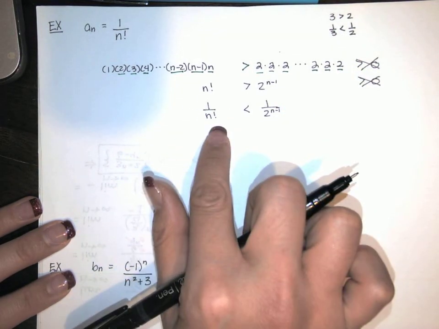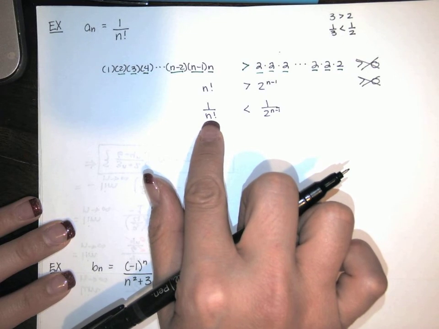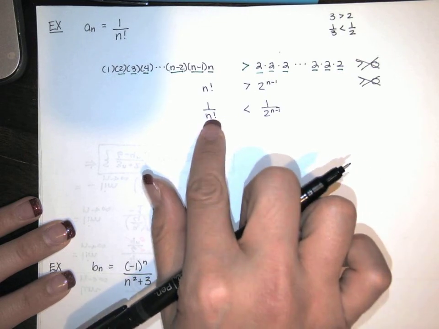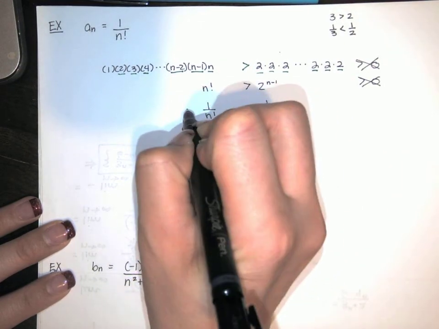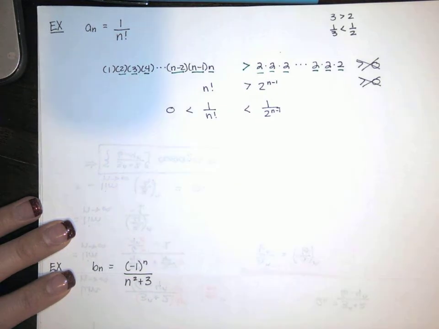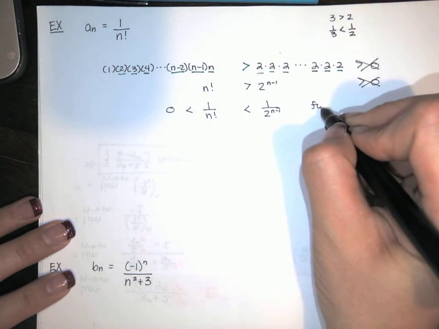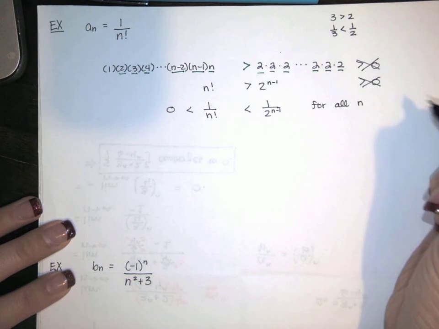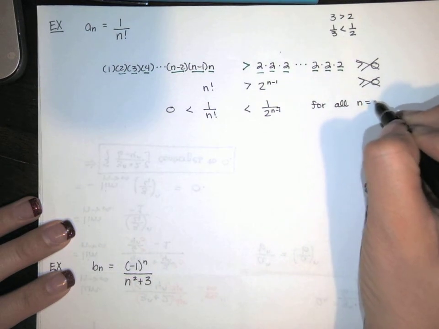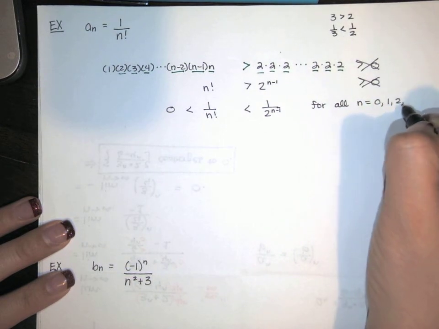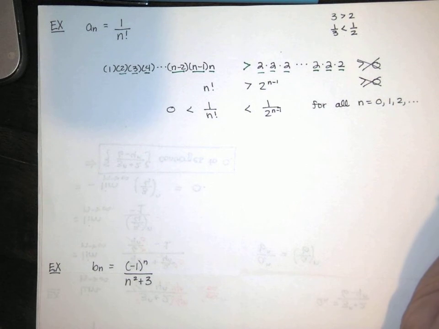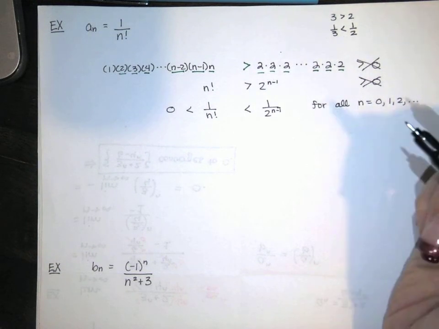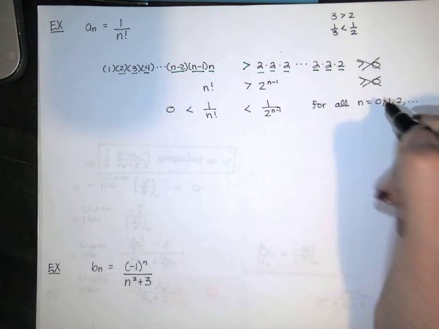This I know is positive, right? Because n factorial is always positive. So if this is positive and this is positive, I can say both of these are greater than 0. This is for all n for which these are well defined. So let's just say for n equals 0, 1, 2, and so on. Well, if n equals 0, we could have a less than or equal to sign.